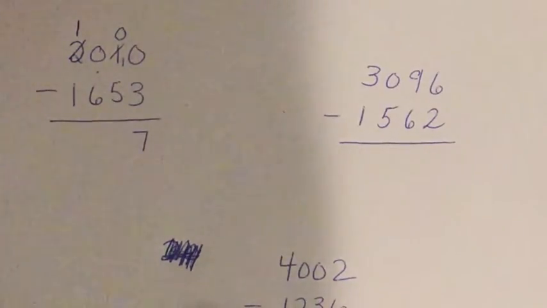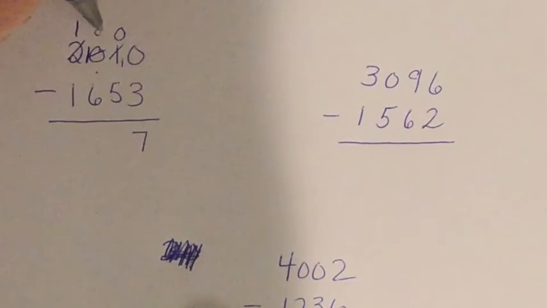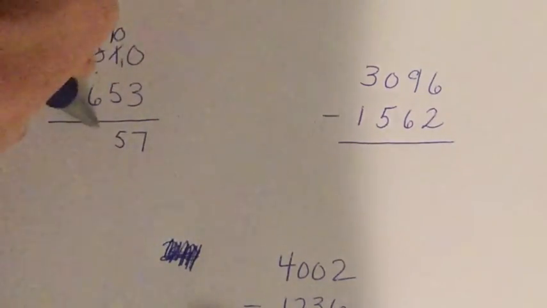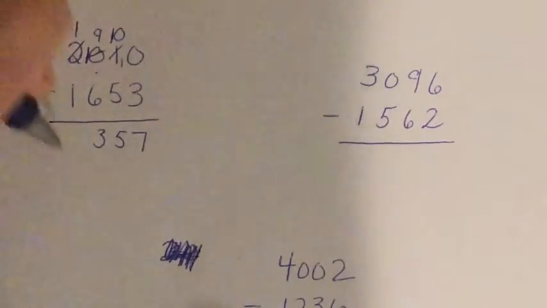So now I have one of those for 10 hundreds. And then I'm going to trade one of those hundreds for 10 tens. So now I have 10 tens, and now I can do what I need to do. 10 minus 5, 5. 9 minus 6 is 3. 1 minus 1 is 0.